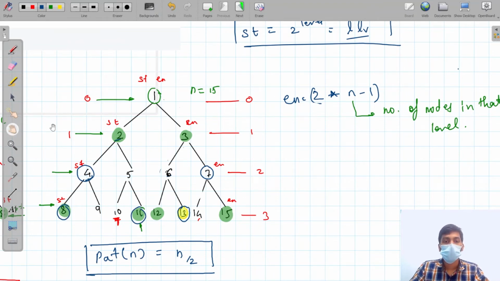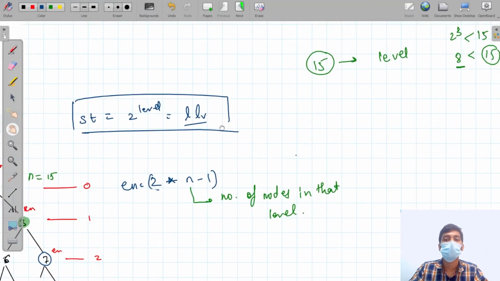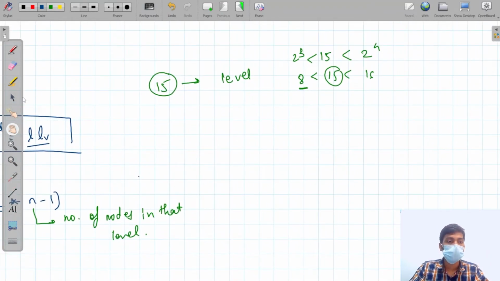So from this we are able to say that the starting point is nothing but the last level value. Now if I am able to get the level, this 15 is going to be included in the level where there are 8 nodes, right?